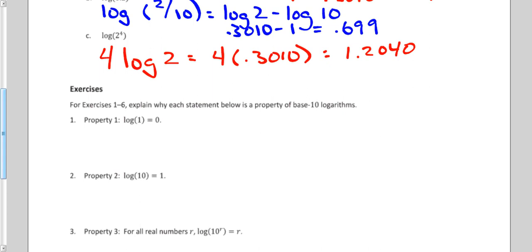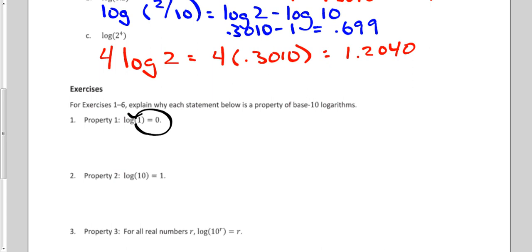Because anything to the 0 power is 1. Everything except for one number. 0 to the 0 power is not 1. 10 to the 0 power is 1, right? And this log, the common log, is always base 10, right? So I would justify this by saying, well, 10 to the 0 power gets me 1.